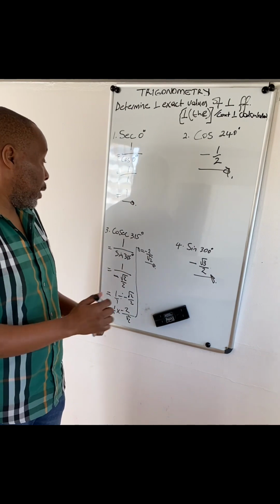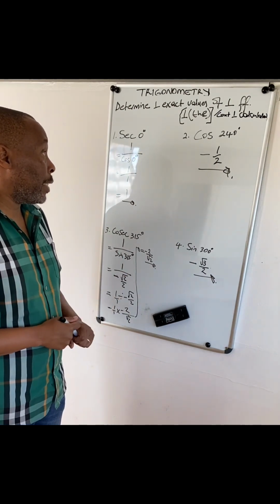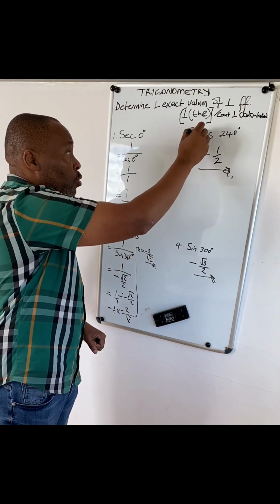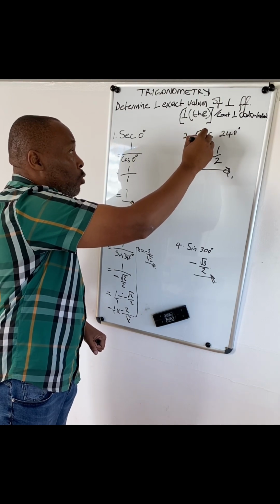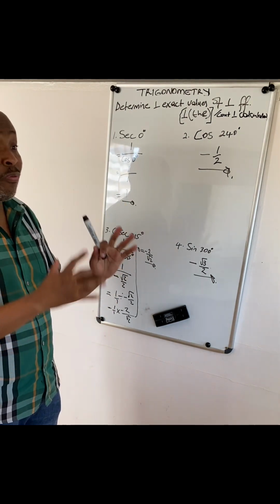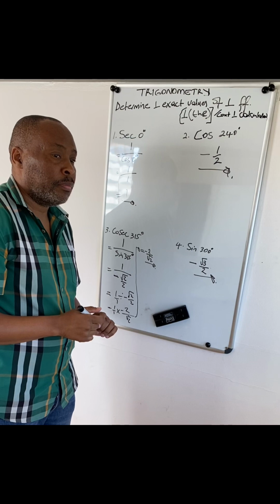Just keep going through these things. You will enjoy them and understand them. Don't take shortcuts. Go back to those videos and learn where these things come from. It's easier to understand something that you've learned and understood where it came from.